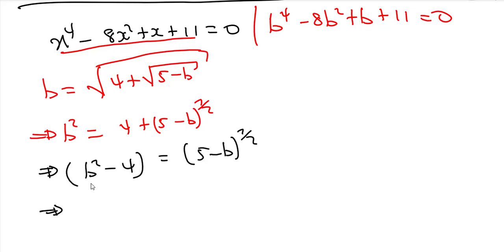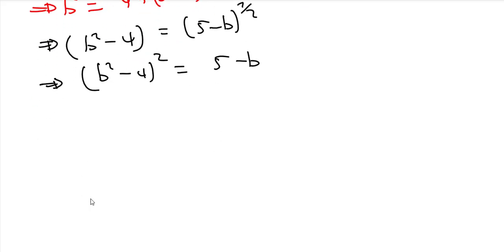If you square both sides, we have b squared minus 4, all of this squared, will be equal to 5 minus b, since the square root will disappear with the square. Now let's expand: the left hand side will become b to the power 4 minus 8b squared plus 16 is equal to 5 minus b.